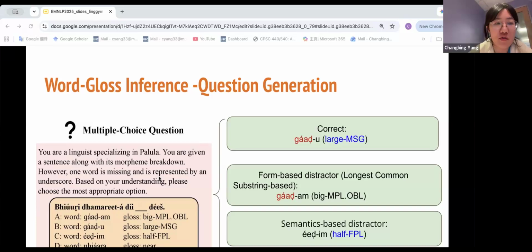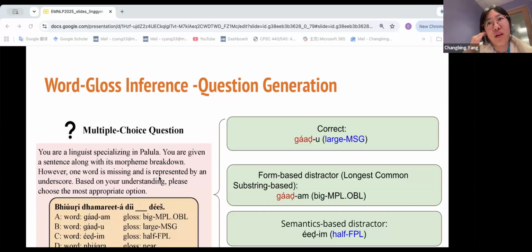Then the model can generate an English translation. That can be an open-ended question. They can generate a free sentence, and then you can do a translation comparison based on the gold translation. That could be another option. But due to time limit, I didn't complete all the experiments at that time. But I think that could be another approach you can think about.